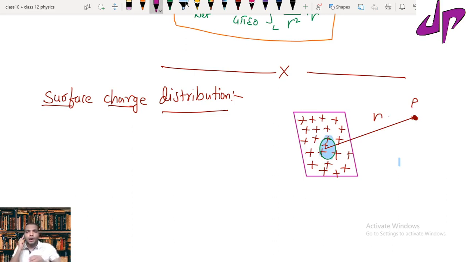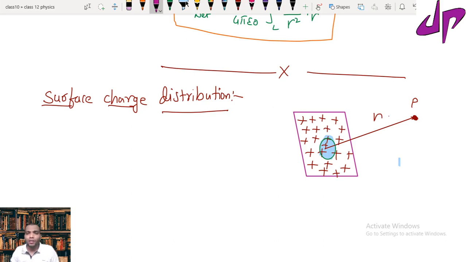Now our method is, first we will find the force due to this small surface at that point P. Later we will do the integration for the whole surface. That is what we did in the earlier case.